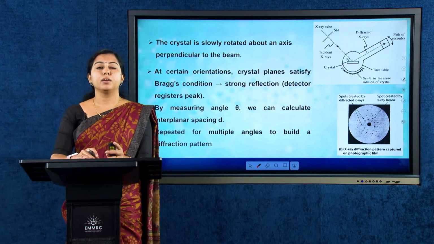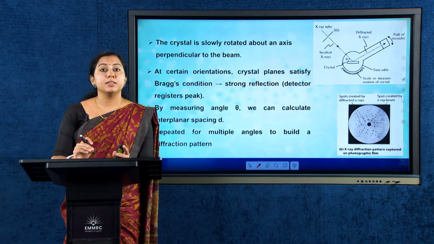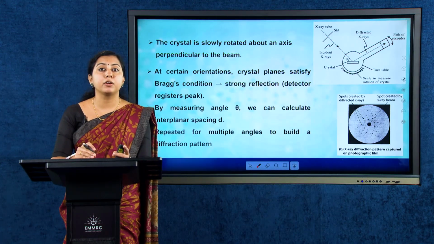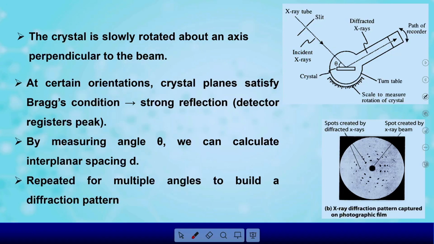Now, when the crystal is slowly rotated about an axis perpendicular to the beam, let us see what all changes occur. At certain orientations, those crystal planes satisfy the Bragg's condition, and what is the Bragg's condition? n lambda equals 2d sin theta.